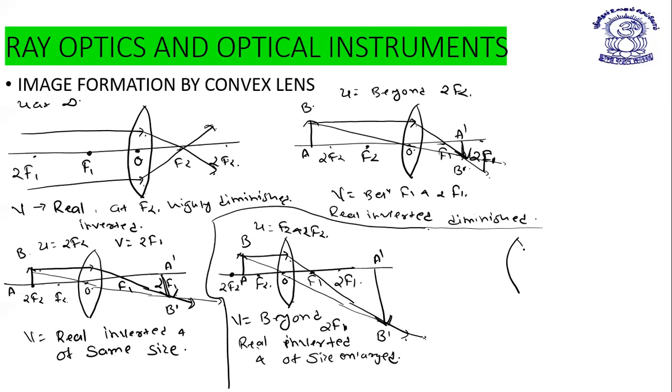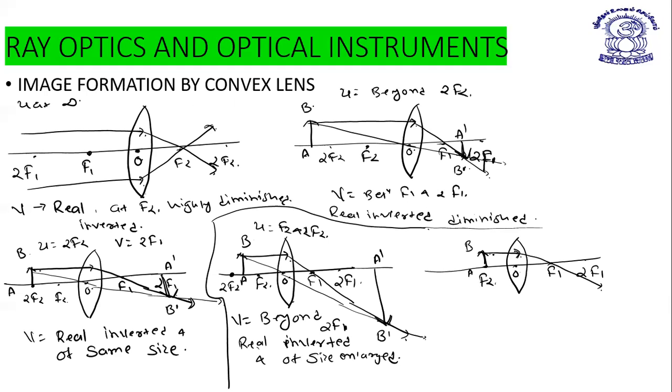Now, if we keep the object on focus, light rays incident parallel to the principal axis, after refraction, will pass through focus F1.